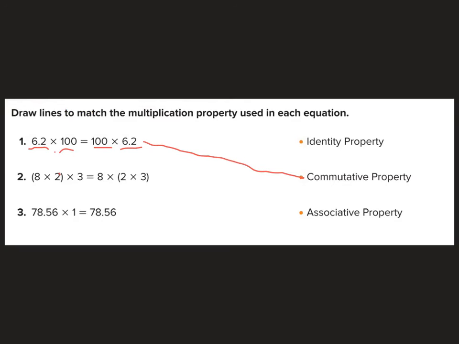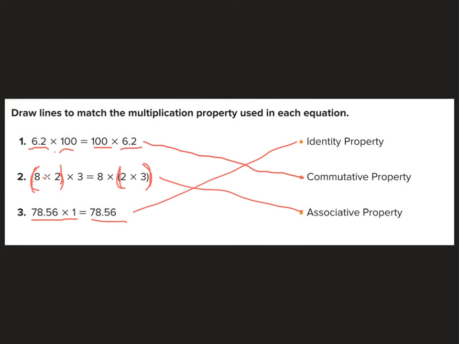Here I noticed I have grouping symbols, so I don't even have to think about what's going on, because when we're talking about grouping symbols, we're talking about the associative property. We're noticing that what numbers we multiply first are changing with our grouping symbols. And here we have a number times 1 is itself, the identity property.